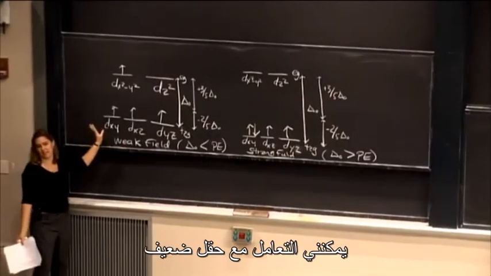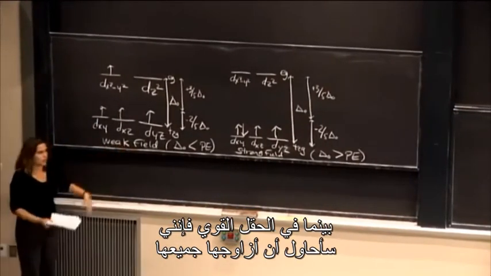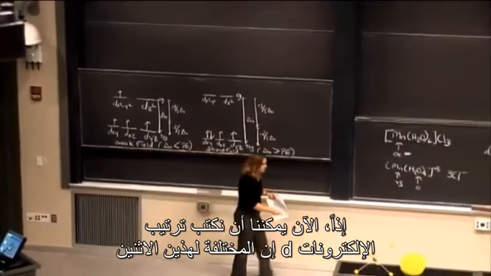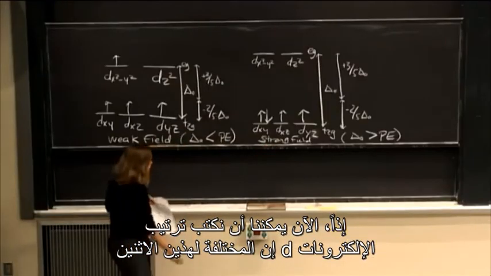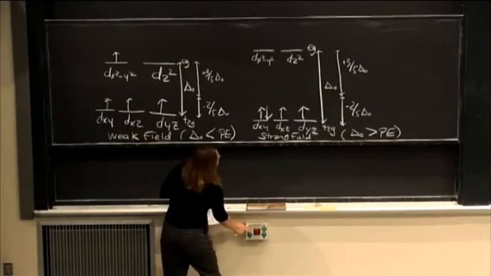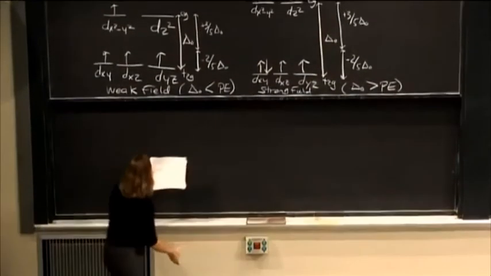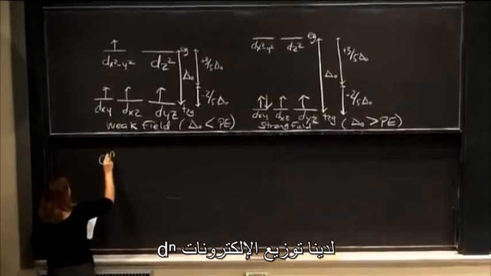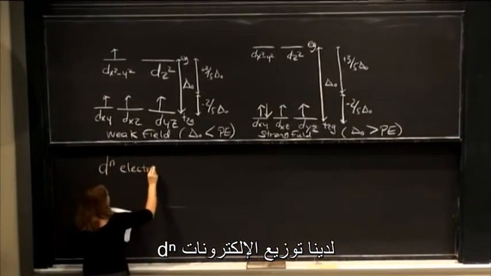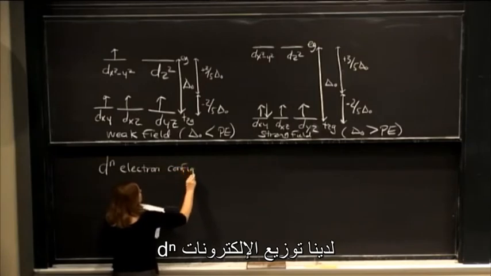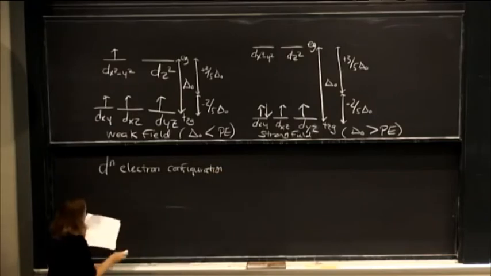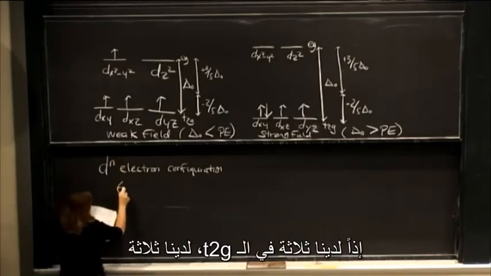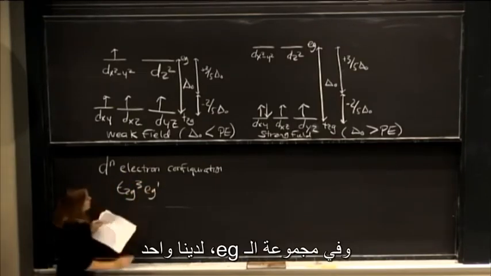Weak field I can handle. Strong field, I'm going to try to pair them all up. So now we can write the different d^n electron configurations for these 2. So in this case, we have 3 in the t2g, and in the eg set, we have 1.